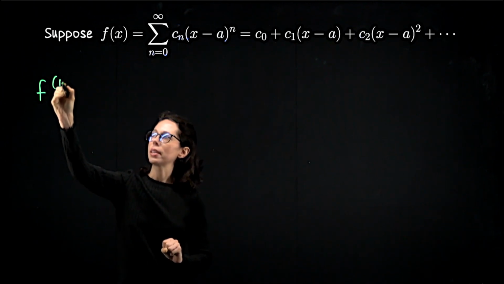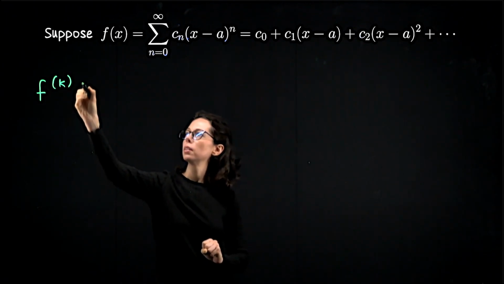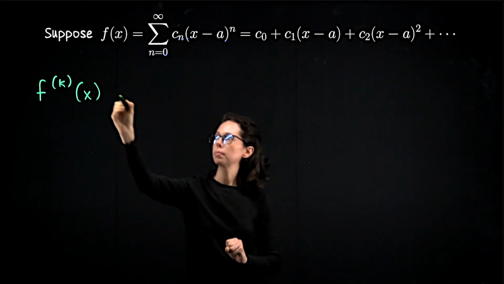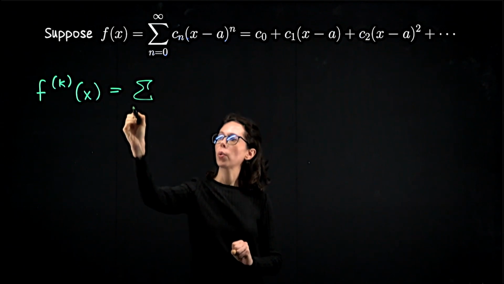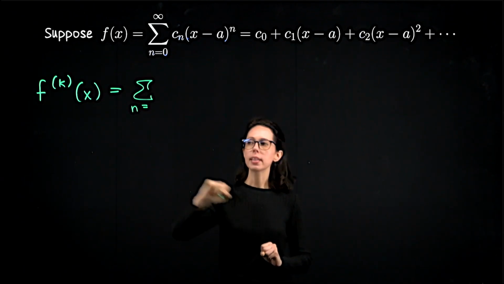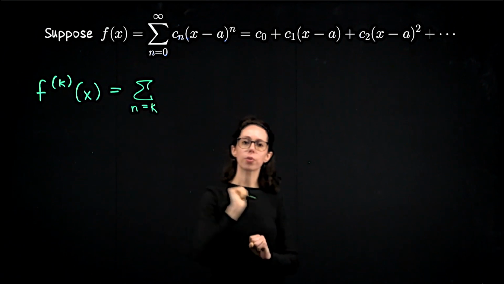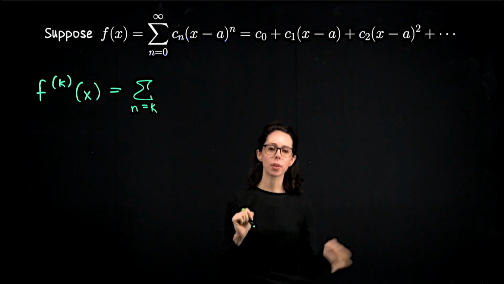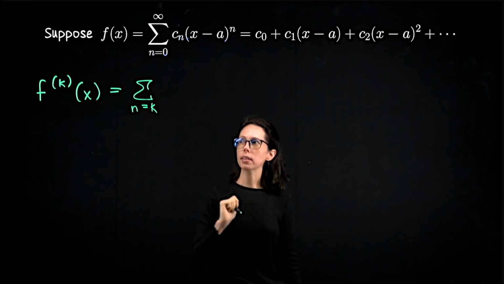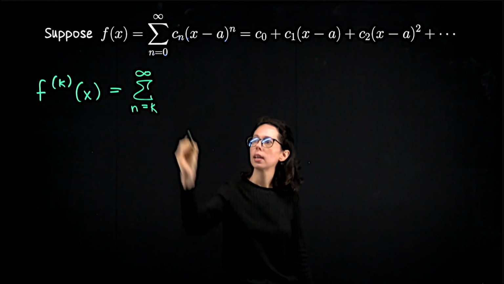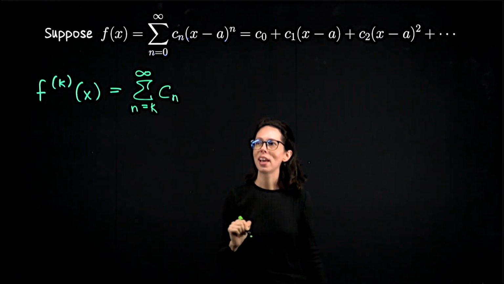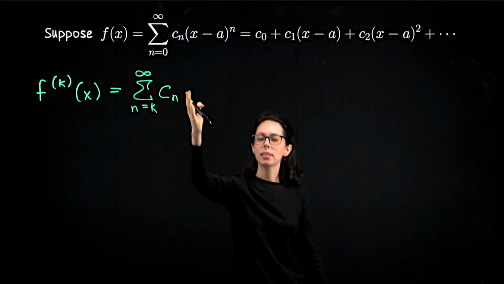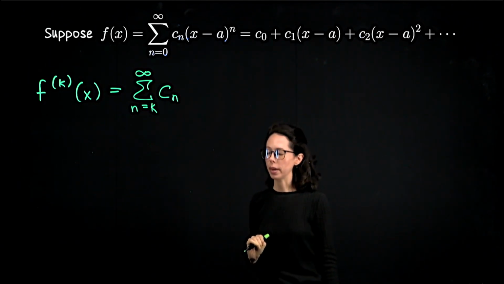So I'm going to say the kth derivative of f, the function f of x, has a power series representation where the lower index for n will be the order of the derivative. If you compare that to the Taylor series expansions that we wrote down for f prime, f double prime, f triple prime, you should agree with this lower index, off to infinity, c sub n, and then we kept bringing powers down so that we get c sub n times a product that starts to appear.